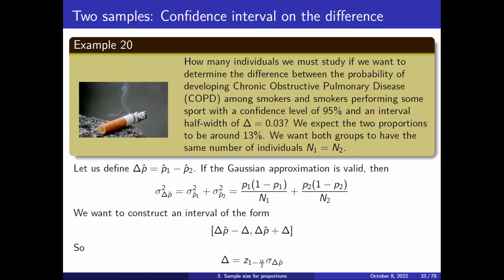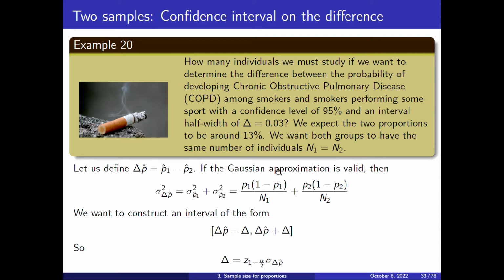First we need to define the difference. We compute the proportion in the first group, the proportion in the second group, and then the difference between the two. If the Gaussian approximation is valid, then the variance of this delta will be the variance of the first one plus the variance of the second one.